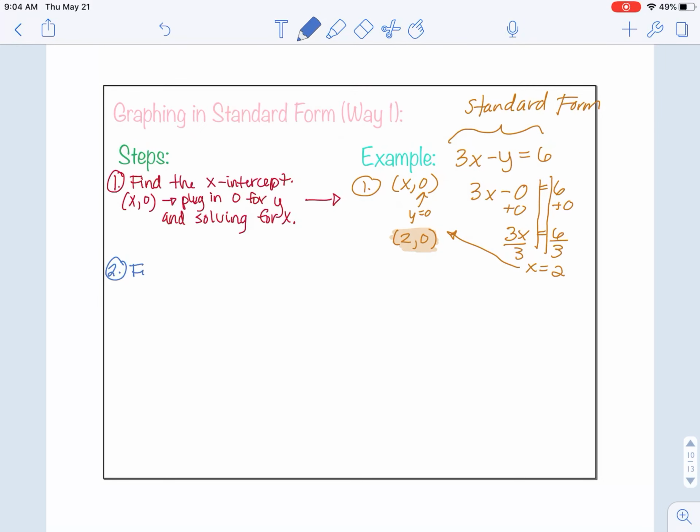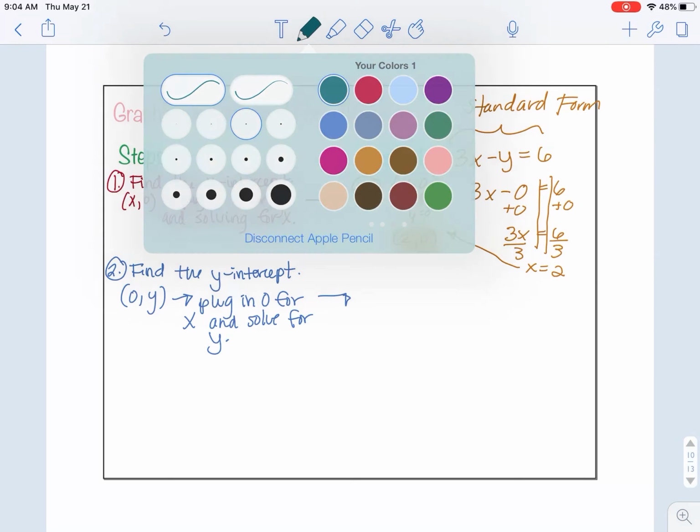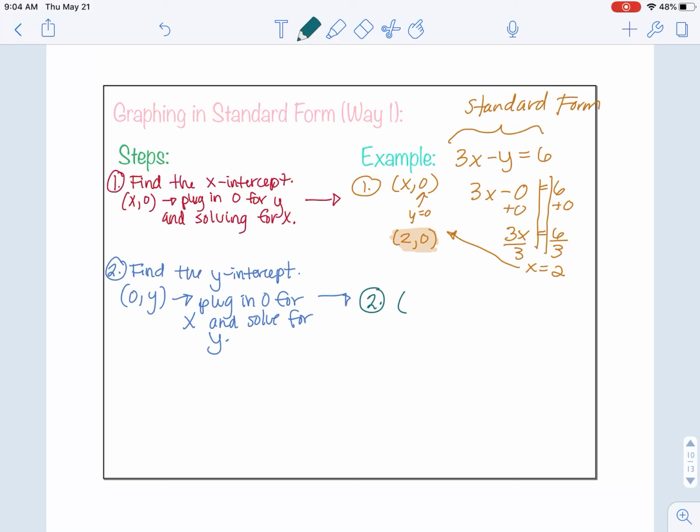Second, we can find the y-intercept, which we know is 0, y. We can plug in 0 for x this time and solve for y. We don't know what y is, but we do know that x equals 0.